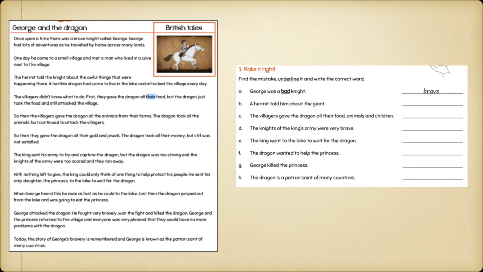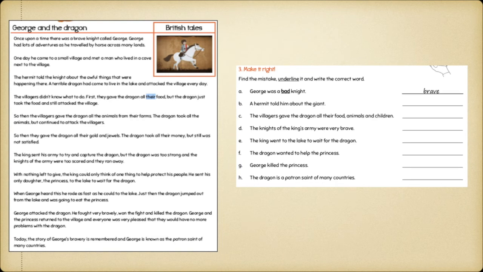D, the knights of the king's army were very brave. Were they very brave? What happened when they went to fight the dragon? Were the knights of the king's army brave? You saw what happened when they tried to go and fight the dragon. So I'm going to say, think about brave. Were they brave?